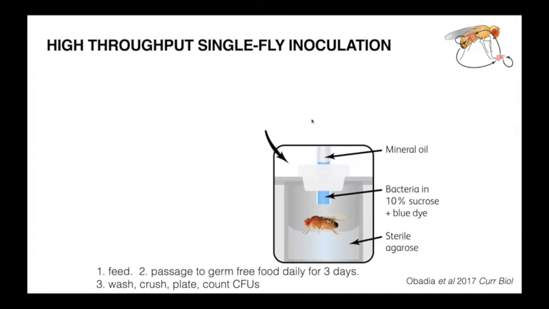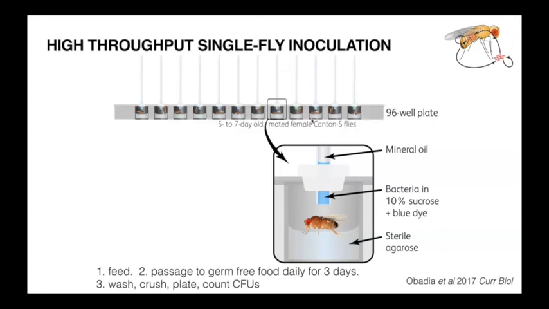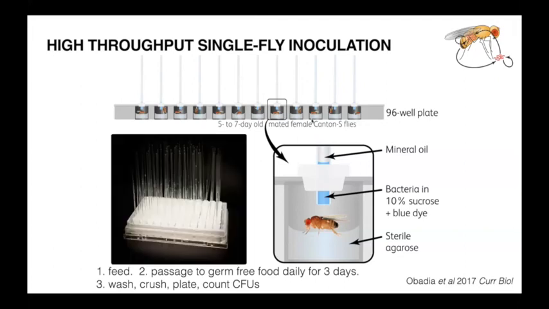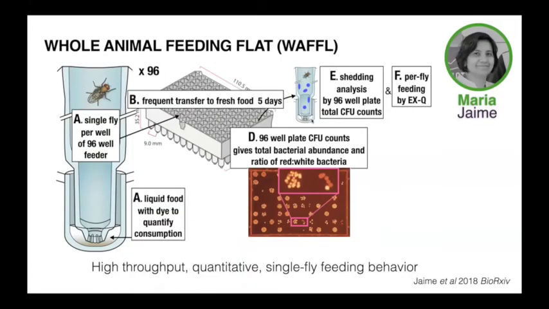Feed a very defined, precise dose, and then he would pass them to fresh food every day for 3 days, and he'd surface sterilize them, crush them up, and count how many bacteria were inside. And he did this in 96 well plates, so we get high throughput. We've actually got another slightly higher throughput method now, where we do the same thing, but we can quantify things a lot faster. And this allows us really to study the variation in the traits, not just the mean, but also the variation.